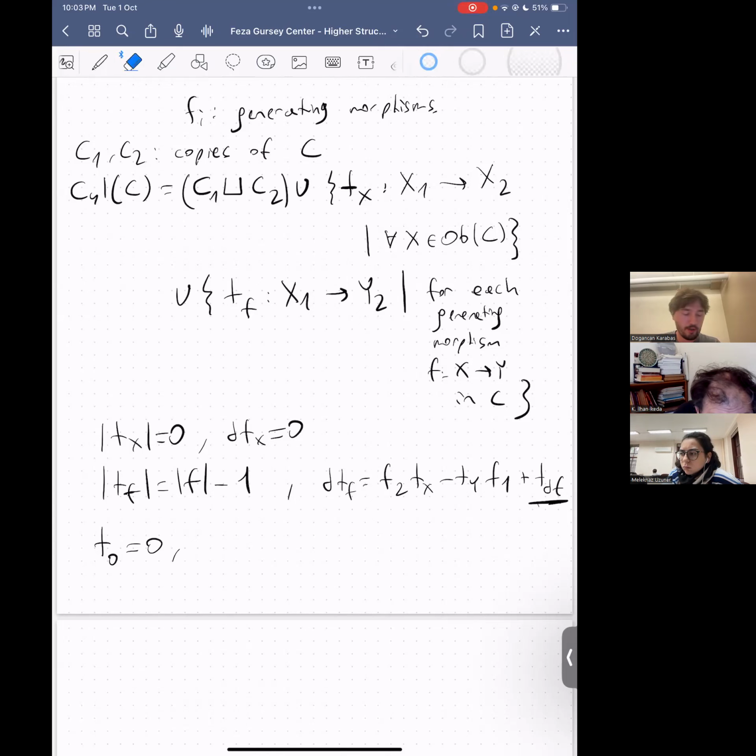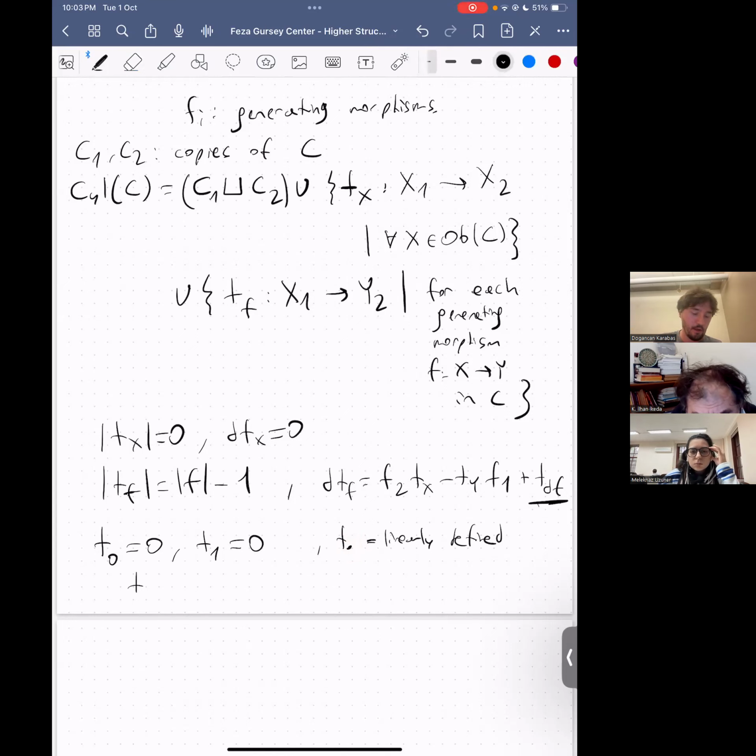If the differential is 0, that's 0. If it's the identity, it's also 0. And this is linearly defined, meaning if you sum the indices, you also sum the T characters.